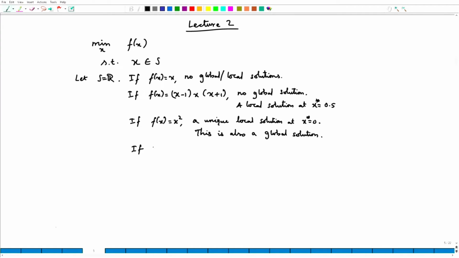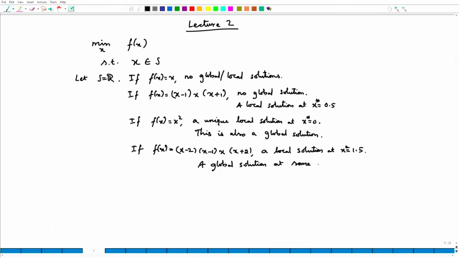And if f of x equals (x minus 2) into (x minus 1) into (x plus 2), we have a local solution at x star equal to 1.5, and a global solution which is different from this, at some x star in the interval minus 2 comma 0.